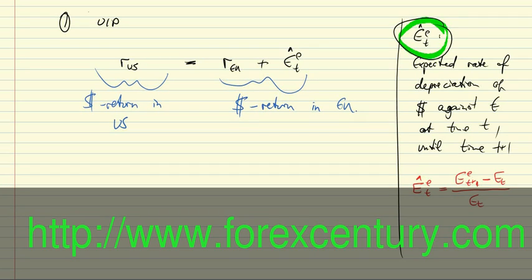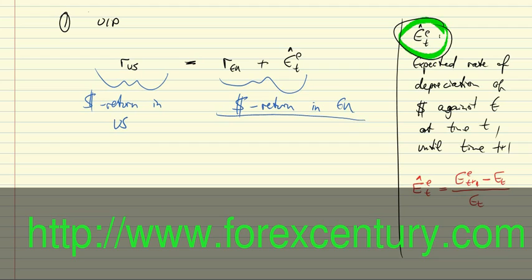So the sum of the interest rate in Europe plus the expected depreciation is the expected dollar return on the euro investment.